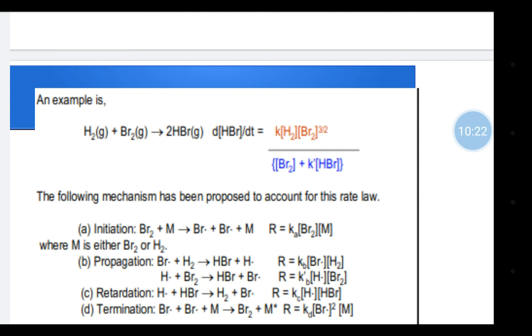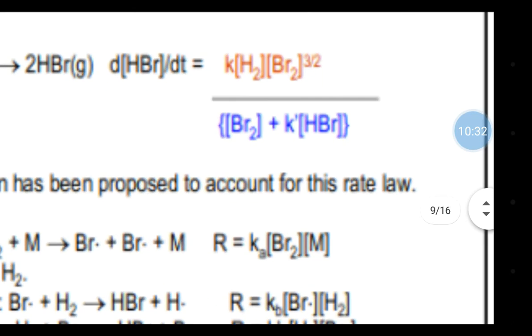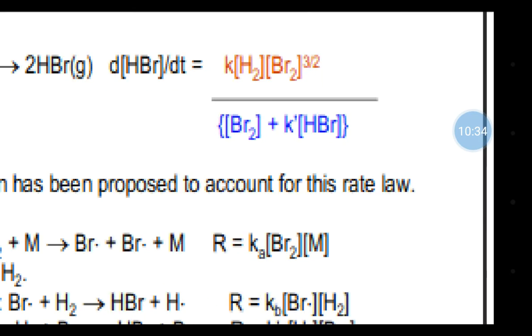The observed rate for the hydrogen bromine reaction is the rate of formation of HBr equal to K into the concentration of hydrogen into the concentration of bromine raised to 3/2, the whole divided by the concentration of bromine plus K dash into the concentration of HBr. This is the experimentally observed rate law for the formation of hydrogen bromide.